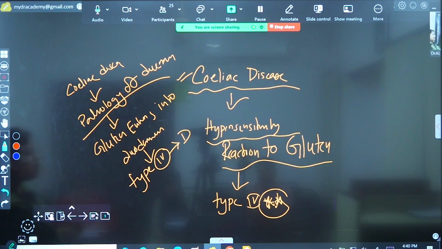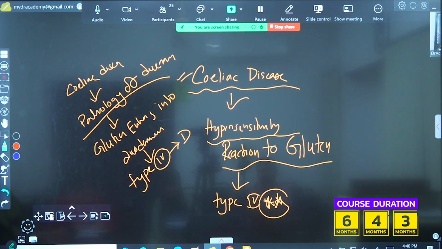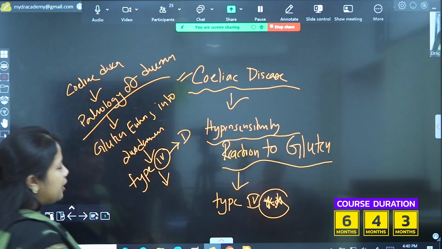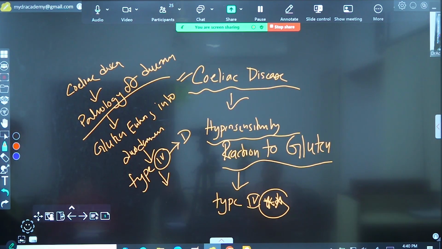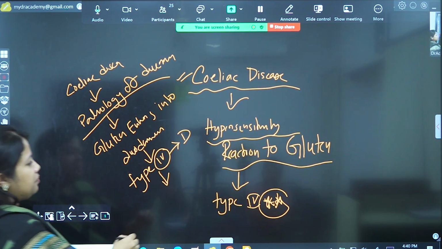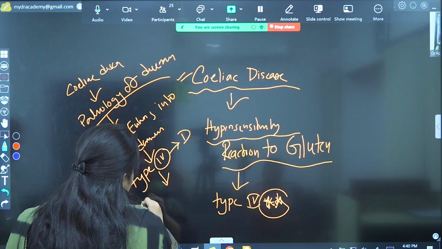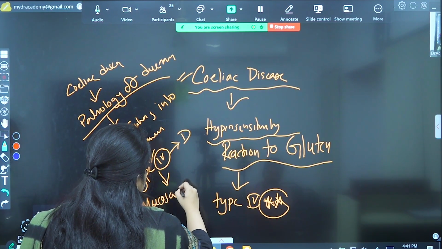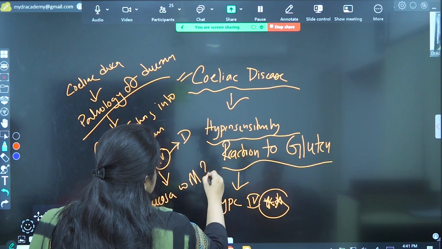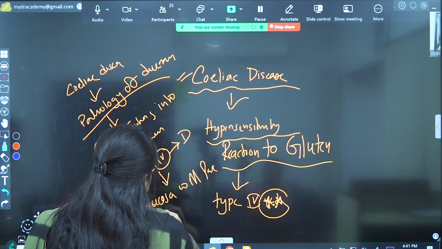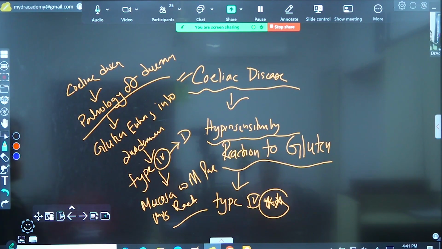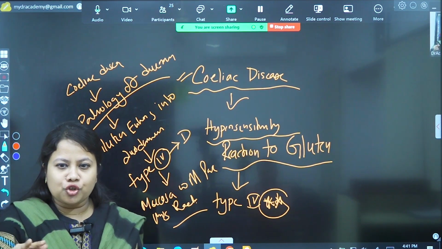Now what is actually the pathogenesis of celiac disease? Whenever there is a type 4 hypersensitivity reaction in the duodenum to the gluten, the mucosa of the small intestine faces this reaction, right? When the mucosa of the small intestine continuously faces this type of hypersensitivity reaction, what will happen?